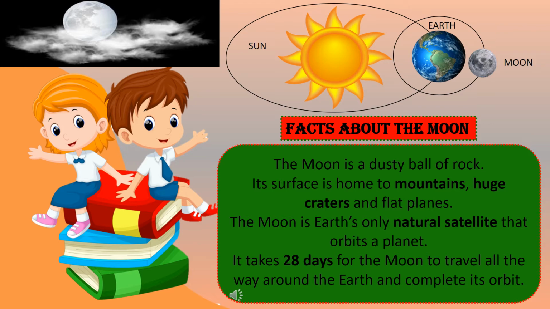It orbits our planet in a shape slightly like a circle, and this shape is known as an ellipse.